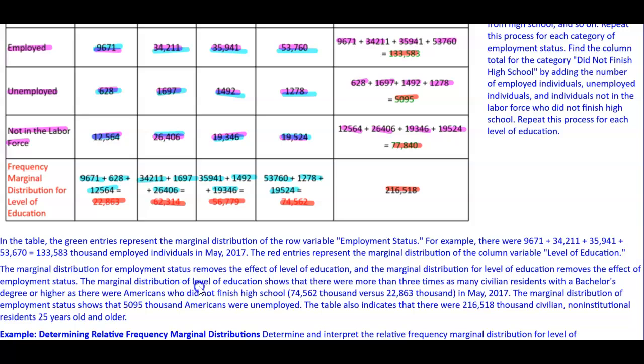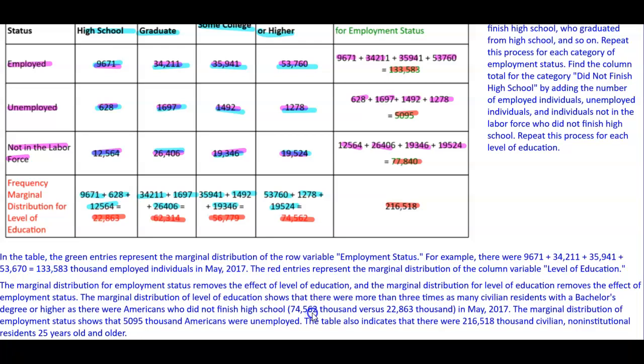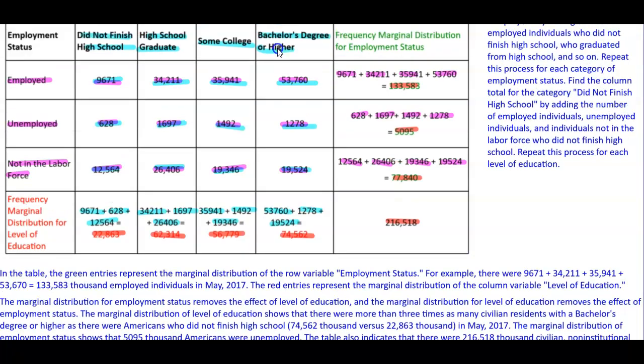Now, the marginal distribution of level of education shows that there were more than 3 times as many civilian residents with a bachelor's degree or higher as there were Americans who did not finish high school. Meaning here we can see that for the bachelor's degree or higher, we had 74,562. And then for did not finish high school, we have 22,863.